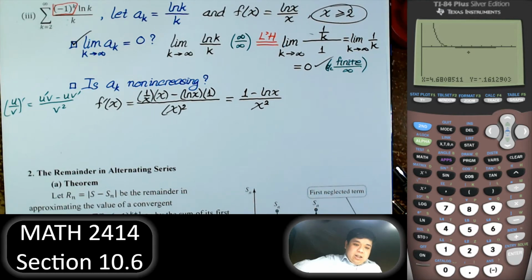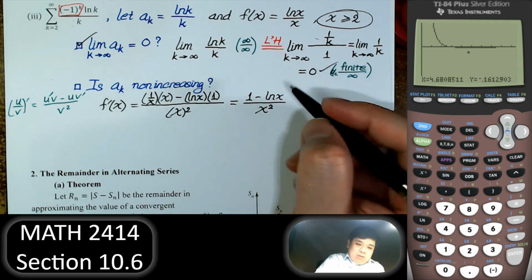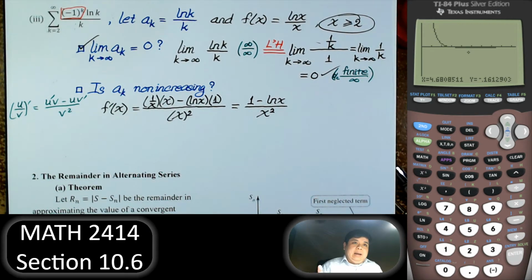So when x is greater than or equal to 3, it is decreasing.